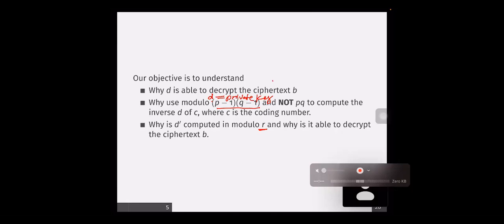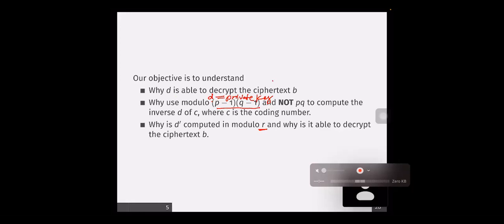Why do we compute D using modulo (P minus 1)(Q minus 1) and not PQ? So guys, this is very important now. Remember that PQ is public. To get (P minus 1) times (Q minus 1), you need to get P and Q, right?